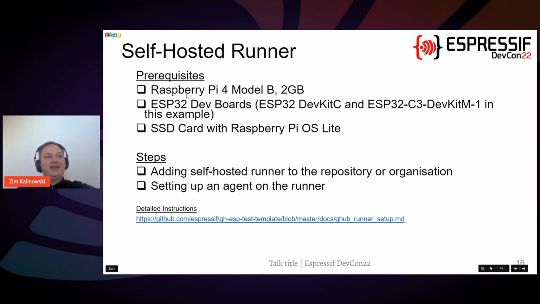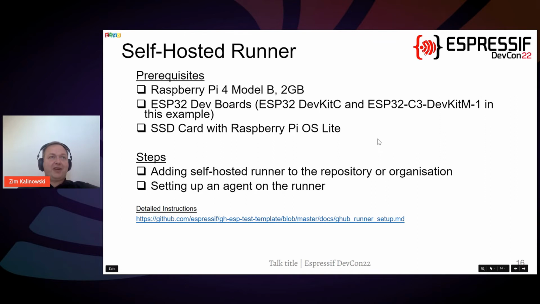In this case, the runner is based on Raspberry Pi 4 Model B. You need some ESP32 development boards. In this case, we use DevKit C and C3 DevKit M, and of course an SD card with Raspberry Pi OS.